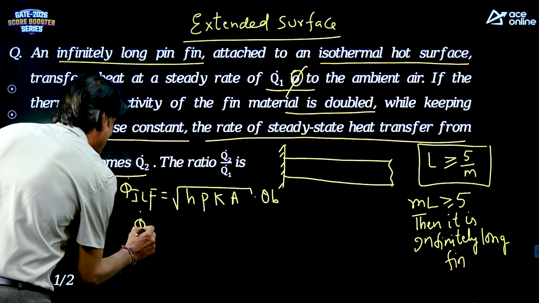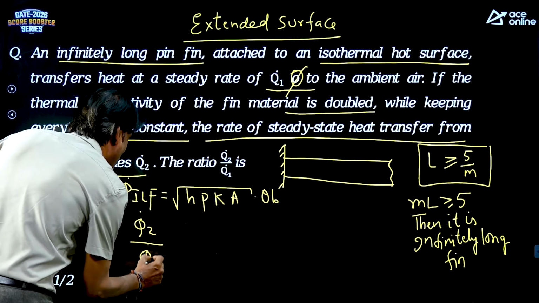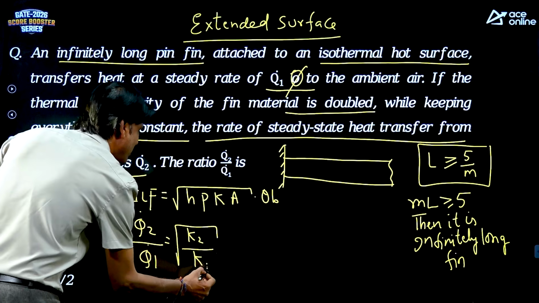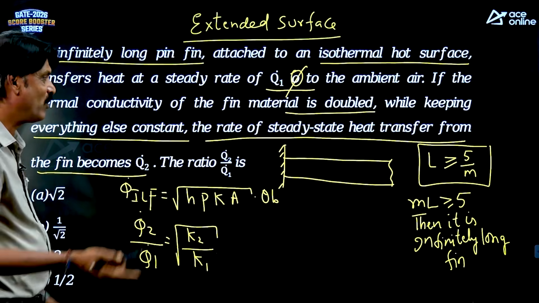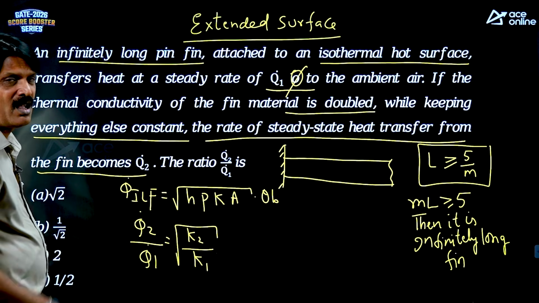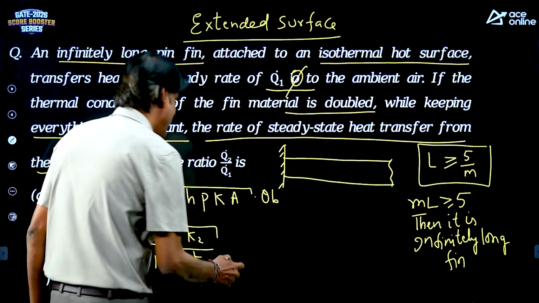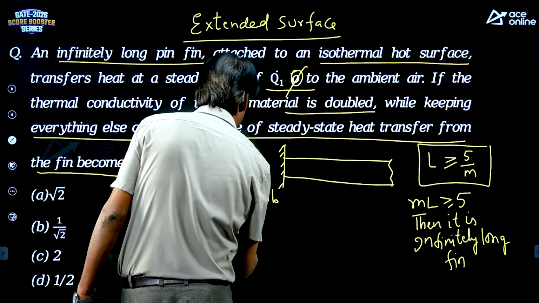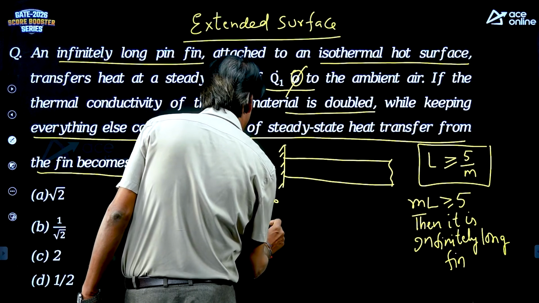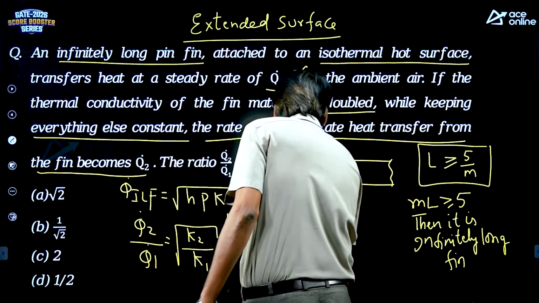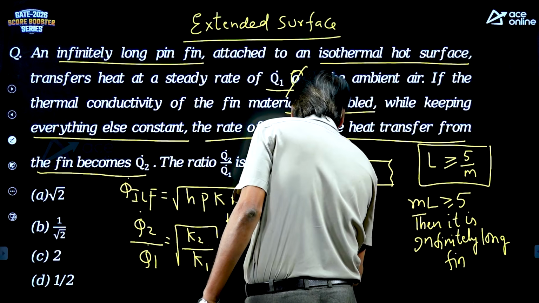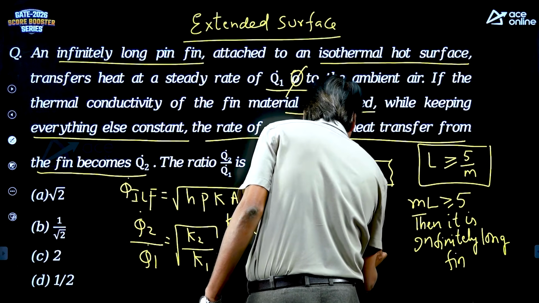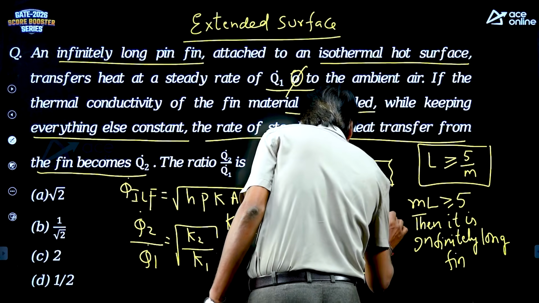I will write Q dot 2 by Q dot 1 is equal to under root of K2 by K1. Everything else is kept constant. I have removed the material and replaced it with a material of twice the thermal conductivity. K2 is 2 times K1, implies Q dot 2 by Q dot 1 is equal to root 2, which is 1.414.